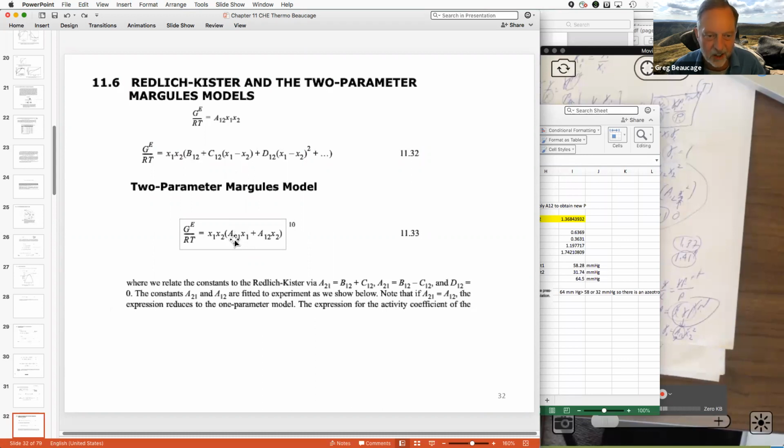And if A21 equals A12, then you have the one parameter Margules, because X1 plus X2 is 1. So anyway, this is the two parameter Margules. That's all there is to it. If you have two parameters, you can solve for both of these parameters with one data point. You don't need two data points the way this works out.